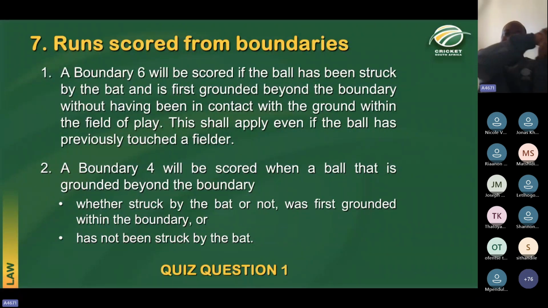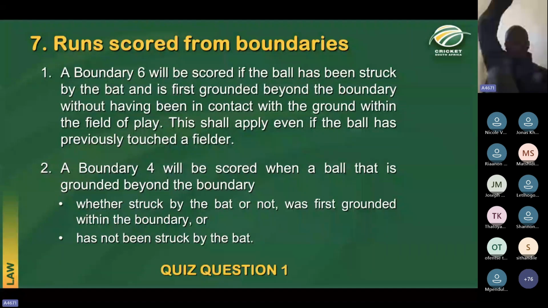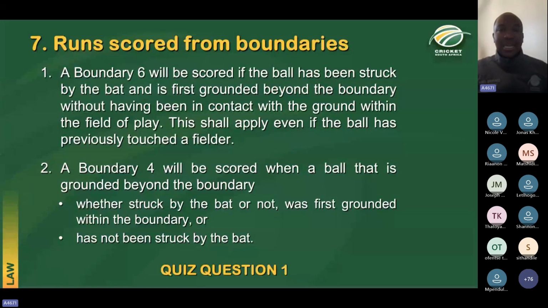The striker attempts a hook shot but misses the ball, does not hit the bat, does not hit the gloves. Instead, the ball goes over the boundary and lands in the pavilion without ever touching the field. Which 2 signals will the bowler's end umpire make in this scenario?